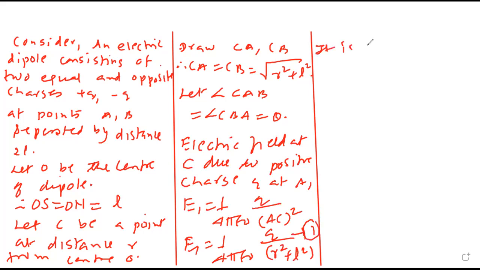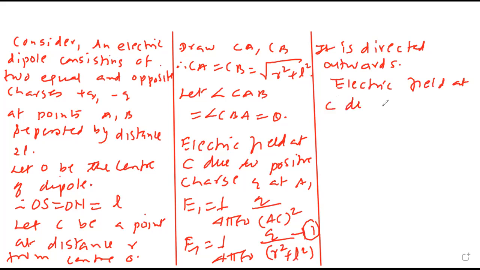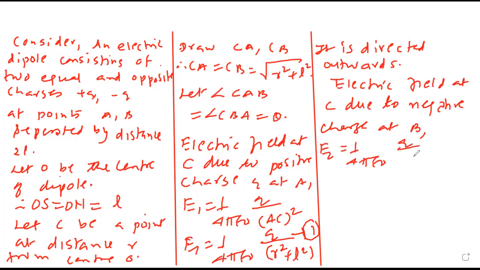It is directed outwards. Electric field at C due to the negative charge at B, E2, equals 1 upon 4 pi epsilon naught, q upon CB square.